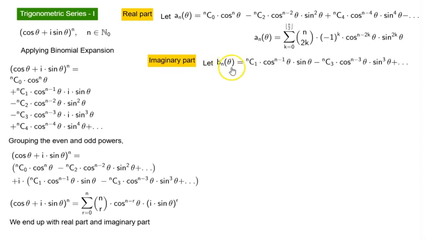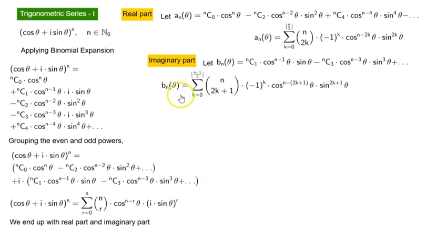So let B sub n of theta equal nC1 times cos to the power of n minus 1 theta times sin theta minus nC3 cos to the power of n minus 3 theta times sin cube theta, and so on.